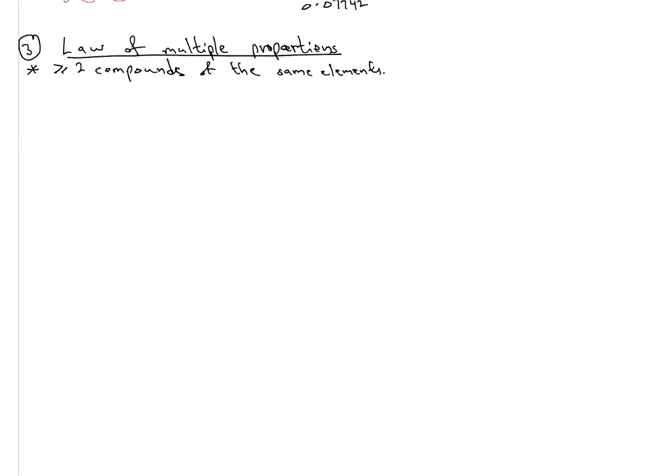Say for example you have 2 elements, element A and element B. These 2 elements can combine to form, say, compound 1. They can also combine in different proportion to form compound 2.